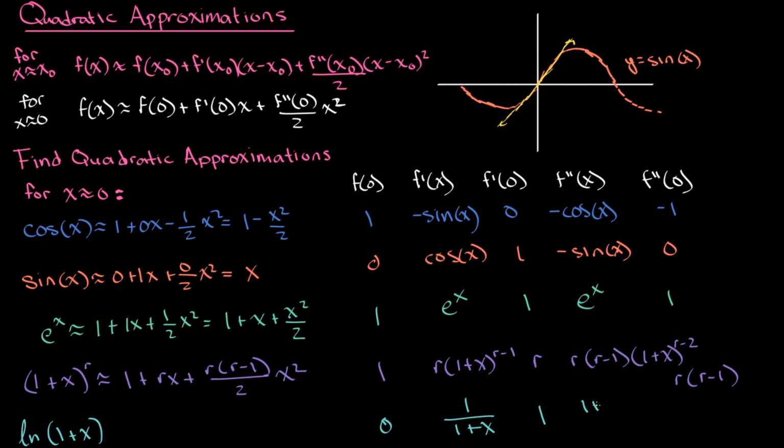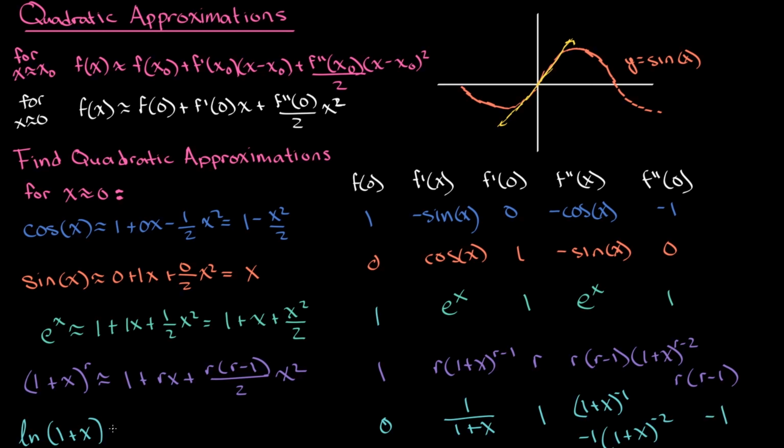I always like to rewrite these with a negative exponent. So 1 plus x to the negative 1 power. Then we use the power rule. So this is negative 1 times 1 plus x to the negative 2 power. And again, the derivative of the inside is just 1. So we're good there. Evaluating this at 0, we are just going to get negative 1 times 1 to some power. So that is negative 1.